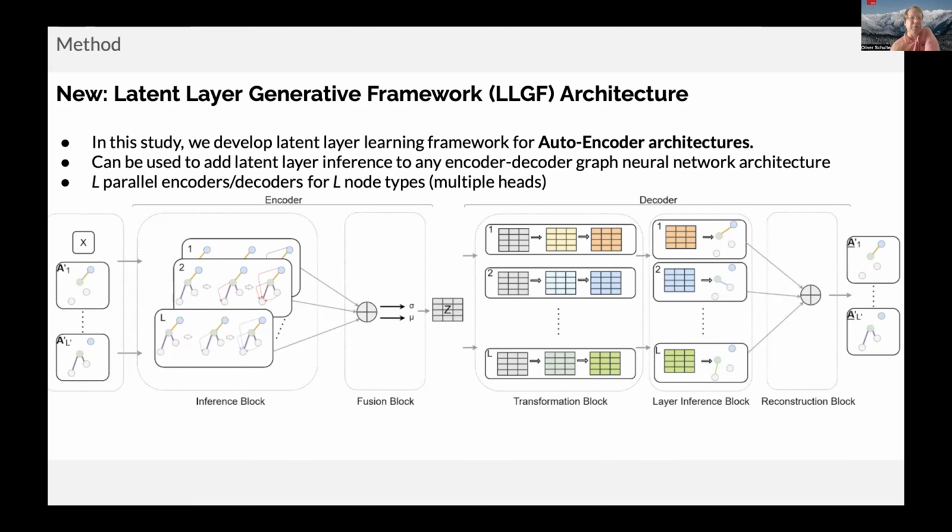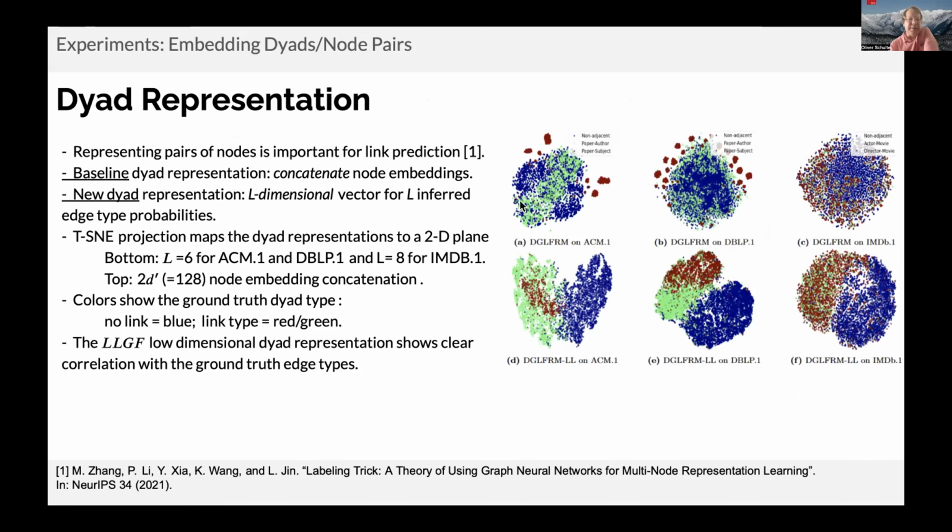Okay, so we get 3 probabilities. It's like a mixed membership model. And so we can use those 3 numbers for 3 edge types as the representation of the pair. So that's a really low dimensional representation.